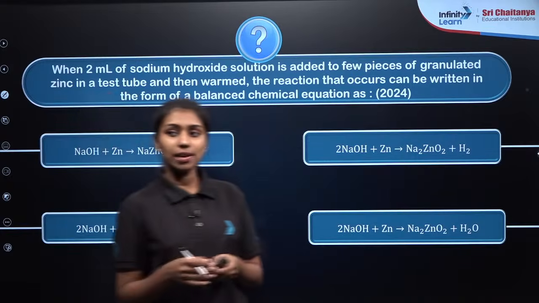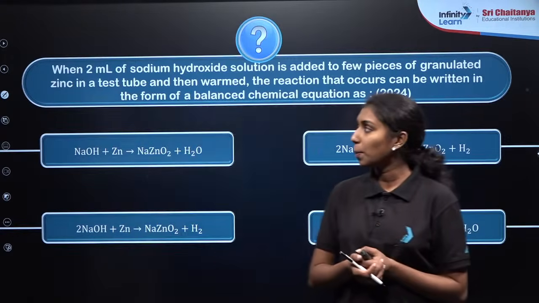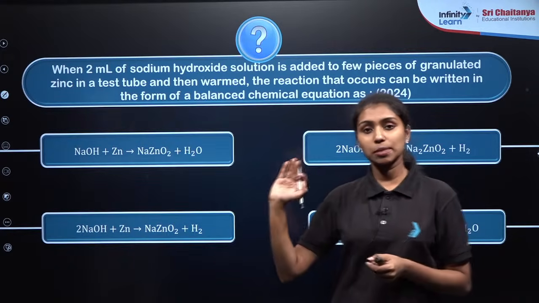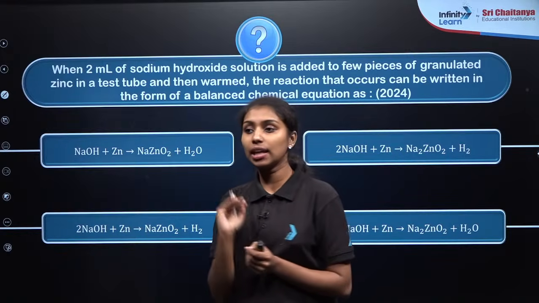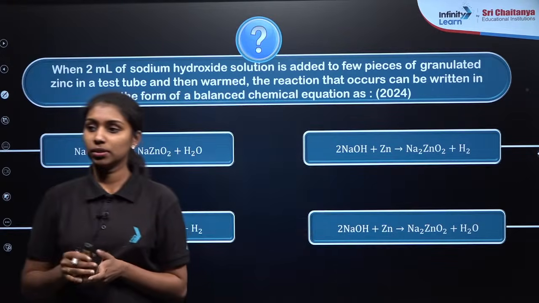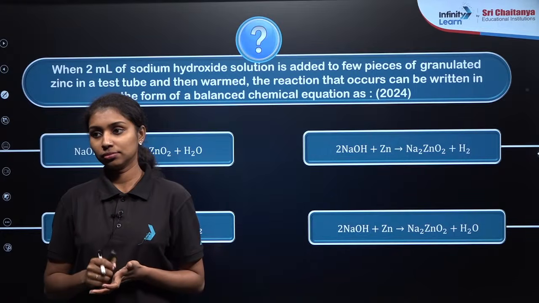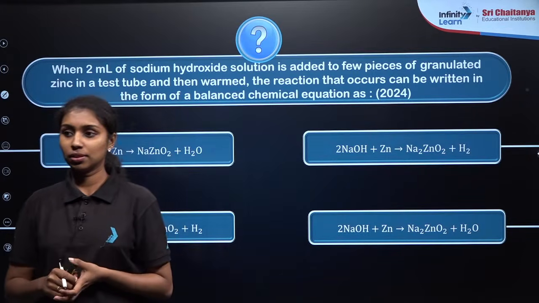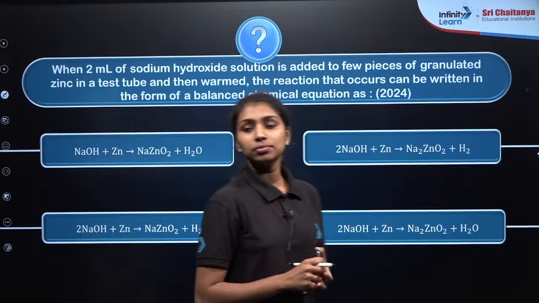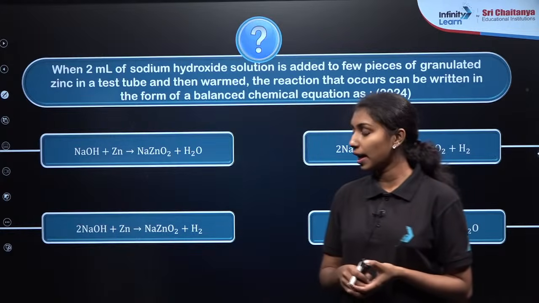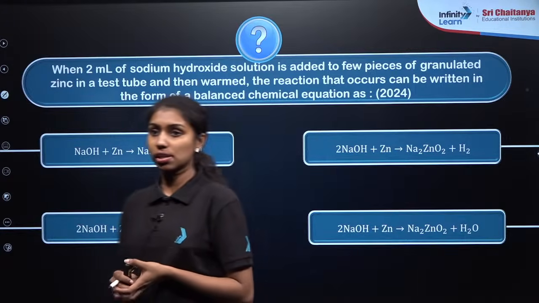The same concept we have studied in our third chapter also, metals and non-metals. The basis of the question is about the reaction of metals with the alkali or base. First you need to identify the chemical reaction, then identify the balanced chemical equation here.